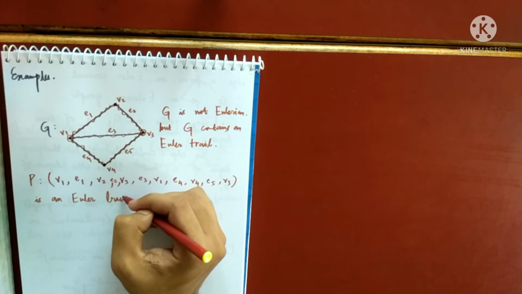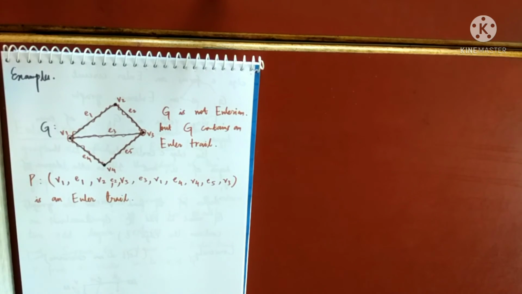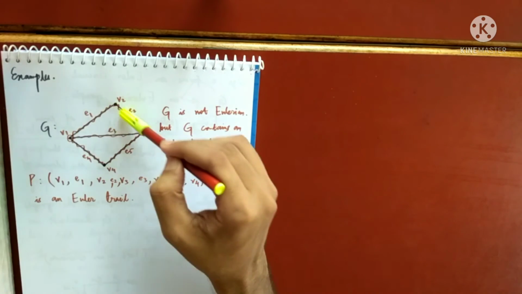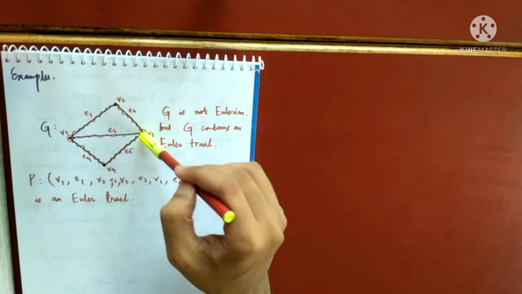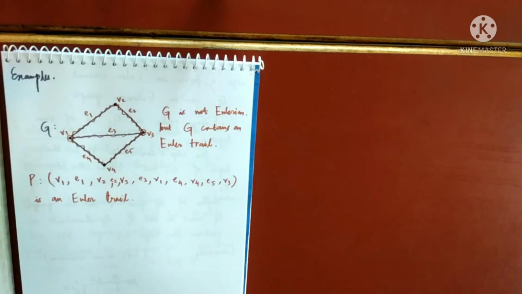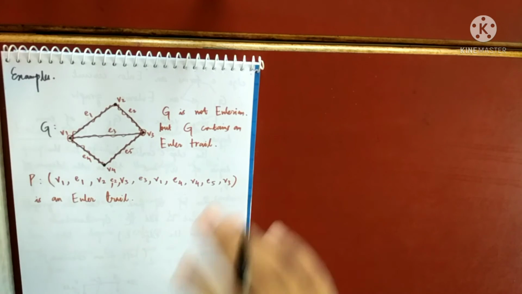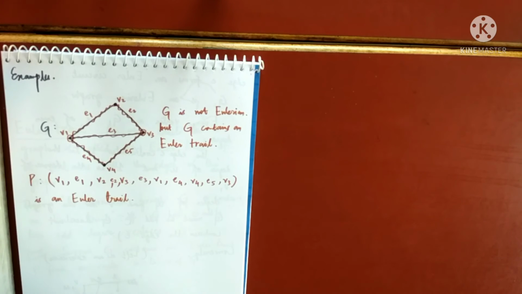Finding an Euler trail means you have to draw this figure without picking up your pen, and I can do that. So we are dropping that extra condition of starting and ending at the same vertex. Now we can recognize all those figures which can be drawn without picking up our pen. To draw a figure without picking up your pen, number one, it should have an Euler circuit, or number two, an Euler trail.